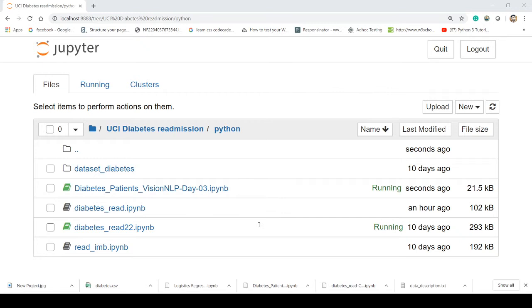This typical data set represents 10 years of clinical care data from 130 US hospitals. These are the criteria we should always keep in mind. One, it is an inpatient encounter, a hospital admission.